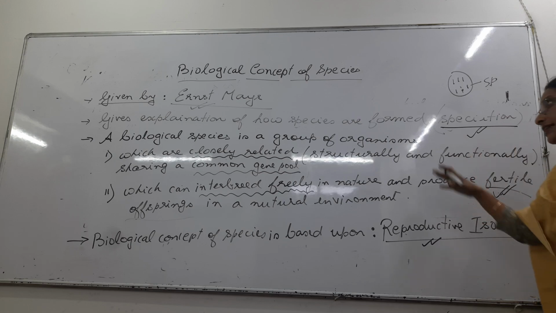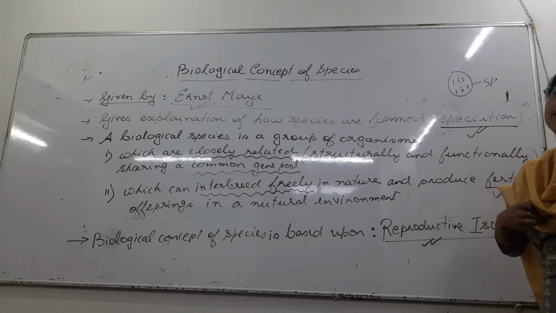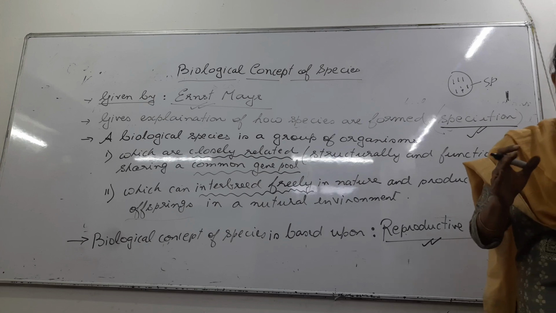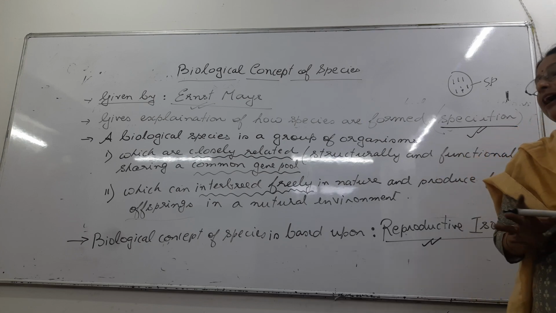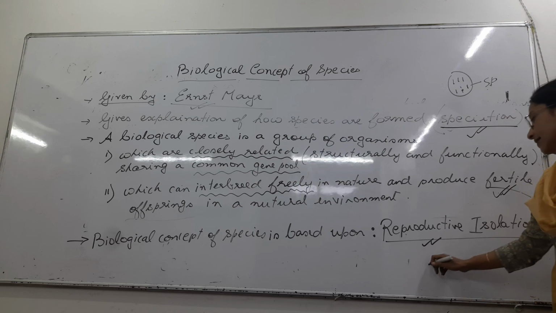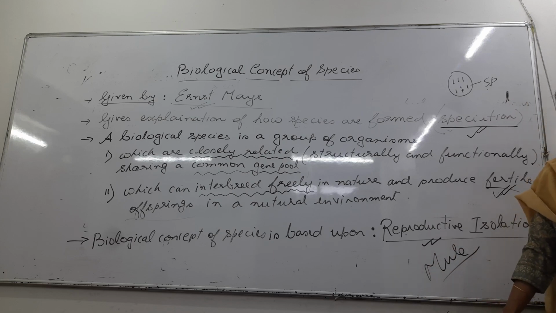But we have seen certain limitations, right? No doubt members of the same species mate, but we have seen that members of different species also mate. Have you heard of something called a mule? A horse and a donkey.